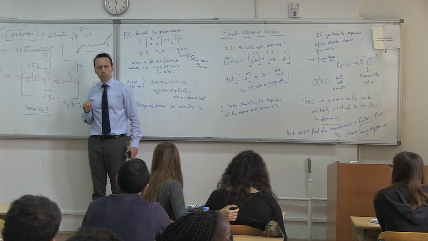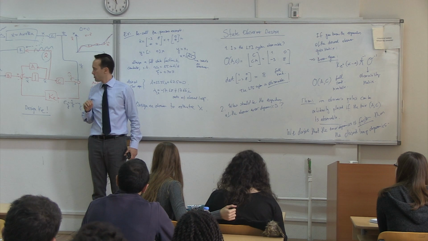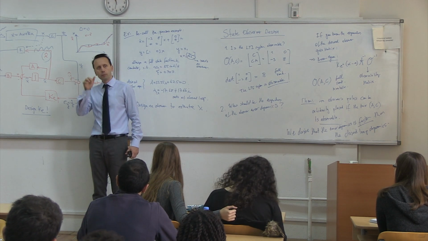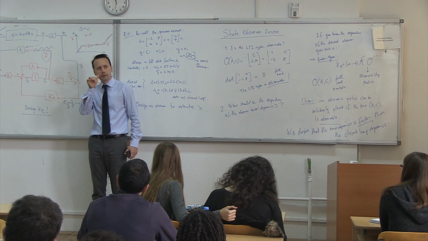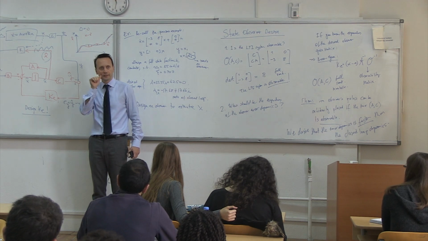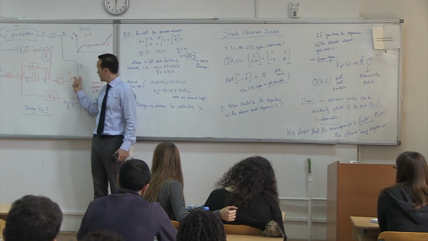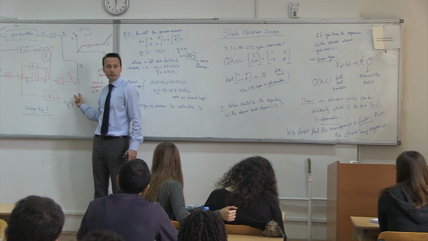Well, it depends what your measurement is. Let's say we have 4 modes, and how many measurements do I have? If I measure only 2 of the states, then 2 will be my input over here, right?